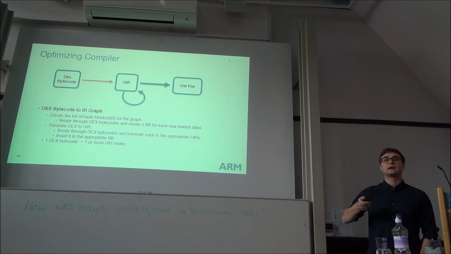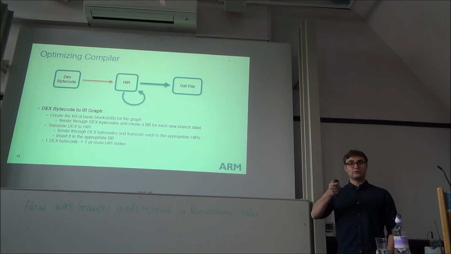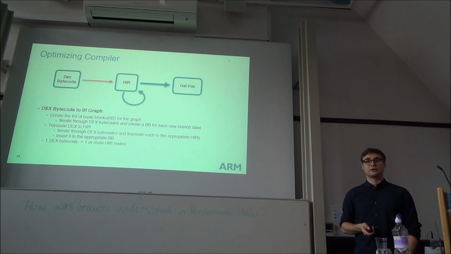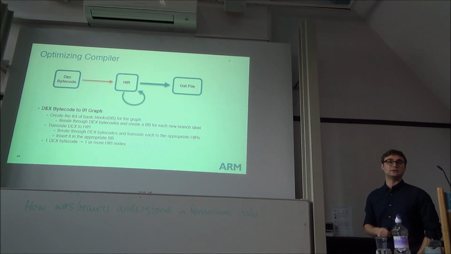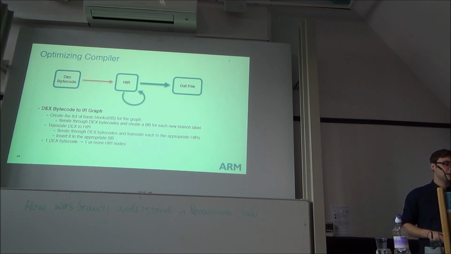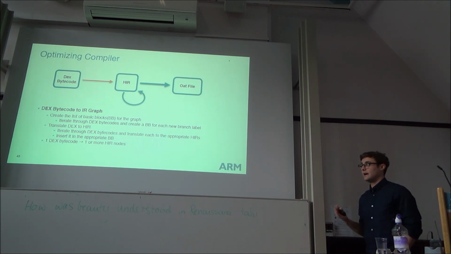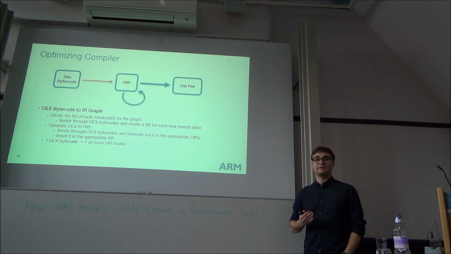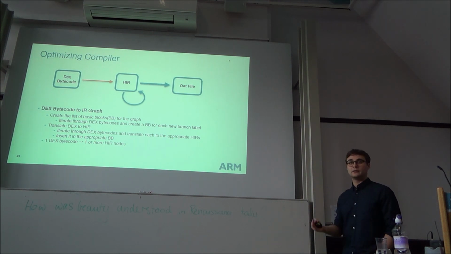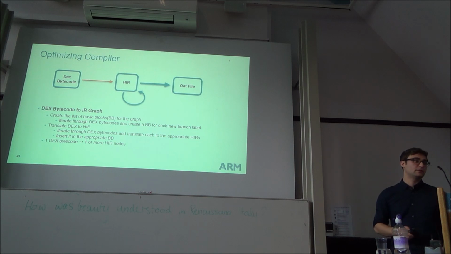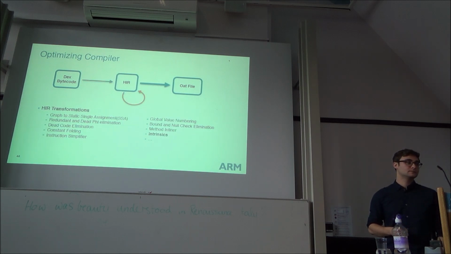It's a portion of straight line code with no branches in or out. So whenever you have a branch, that would be a point where you split up into two basic blocks. And we generate the HIR. HIR stands for high level IR, for all those bytecodes, either one or more than one HIR.